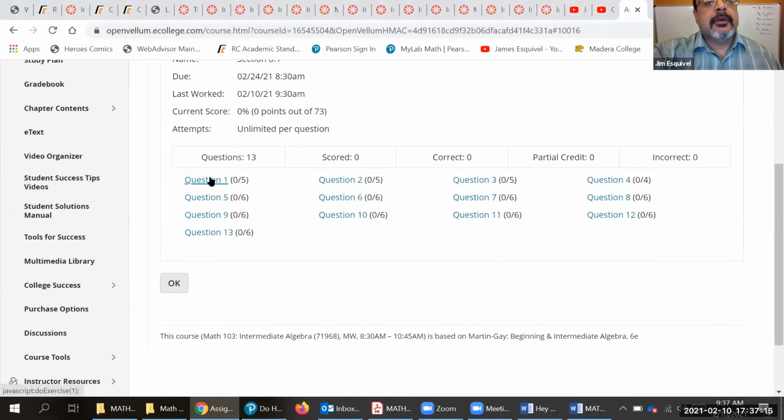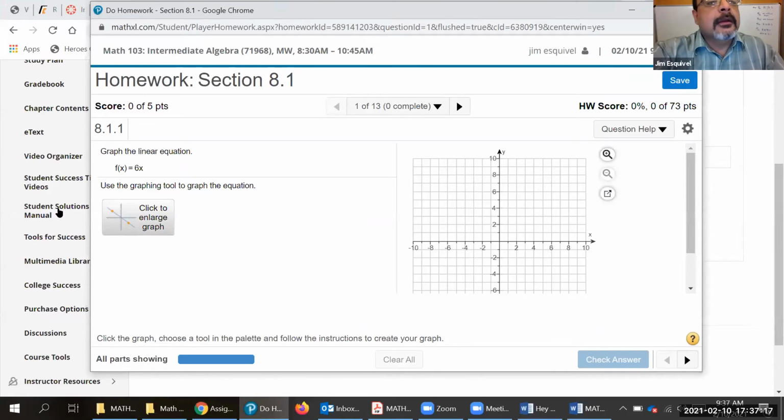So going back here to the homework. You're graphing this equation, f of x equals 6x. Because that's f of x, that's the same as y equals 6x. So the slope of this line is what? 6/1. And the y-intercept is? 0.